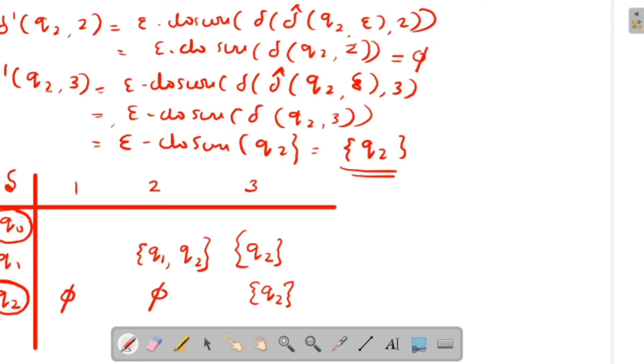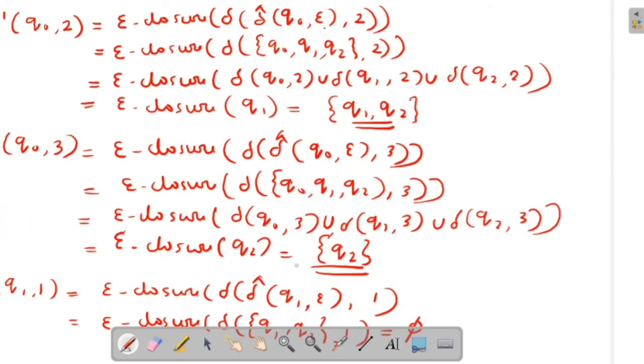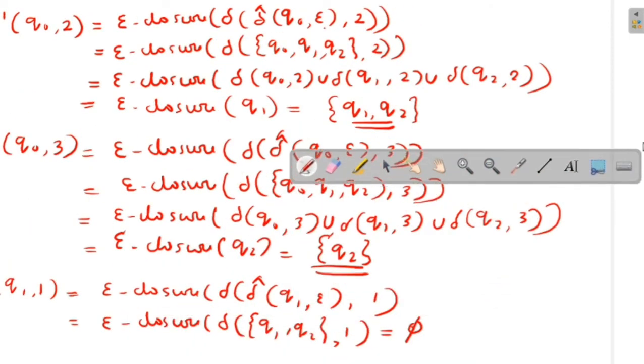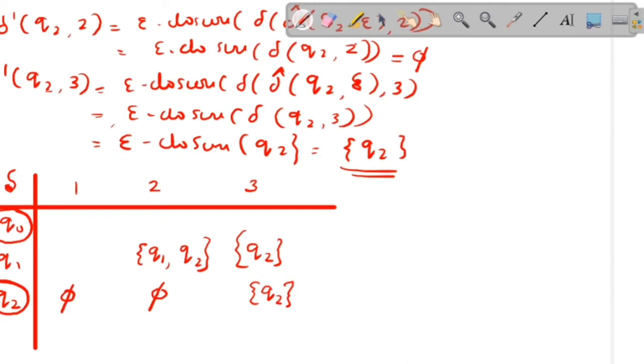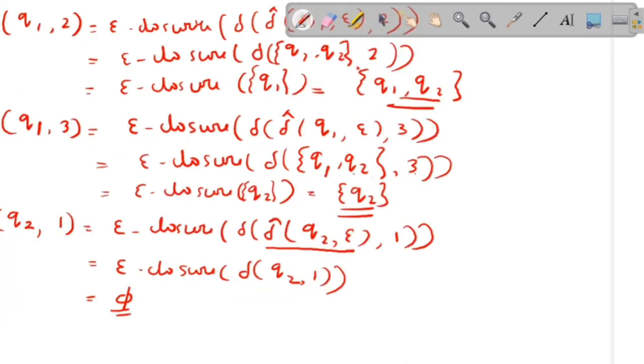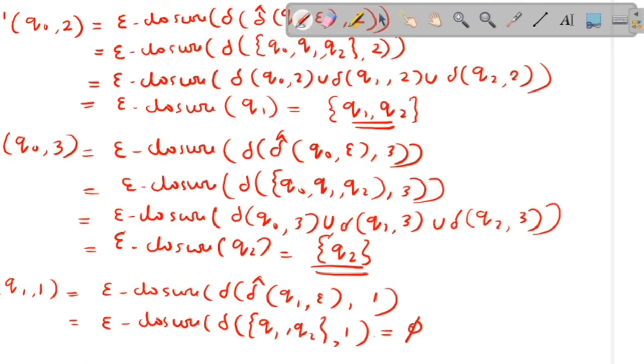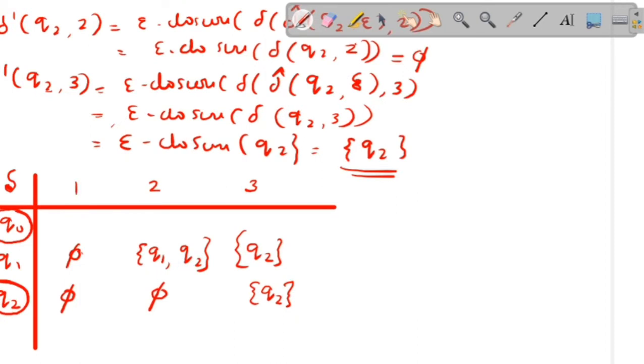Then Q1 comma 1 is null set. Then Q0 comma 3 is Q2.